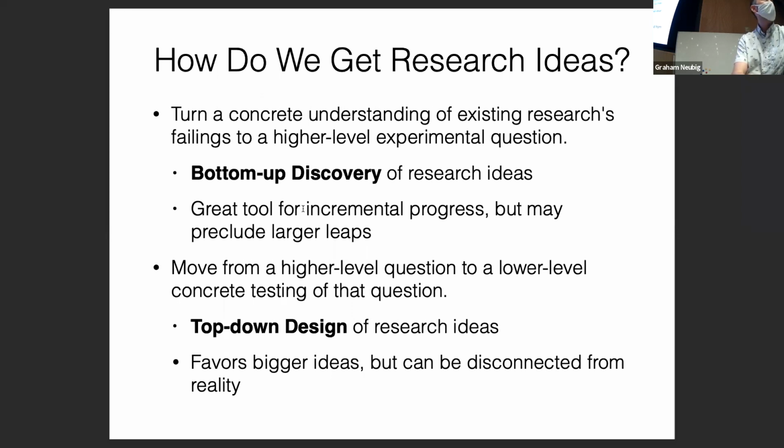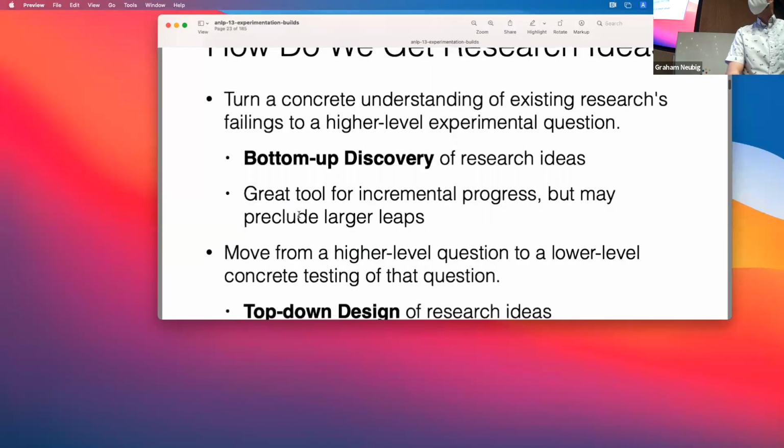One of my favorite ways of doing bottom-up discovery of research ideas is to do interpretable analysis or interpretable evaluation, like I talked about two lectures ago, and identify the areas where the model fails the most and fix those areas.